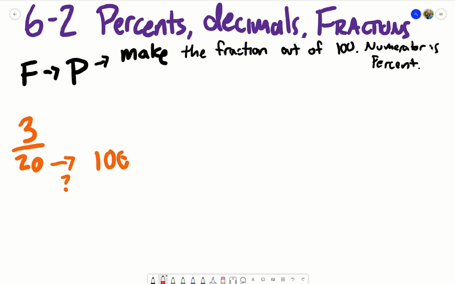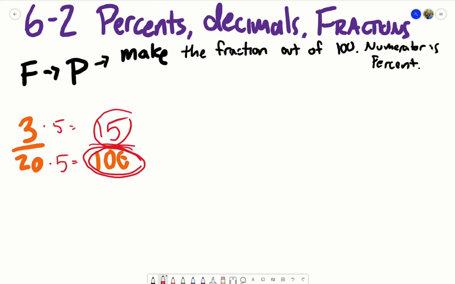Yes, I can, by timesing by 5, right? If I times this number by 5, that will get me to 100. If I do something to the bottom, I do the same thing on top. 3 times 5 is 15. 15 out of 100. Remember, if 100 is my bottom number, my numerator here becomes my percent. 15%.